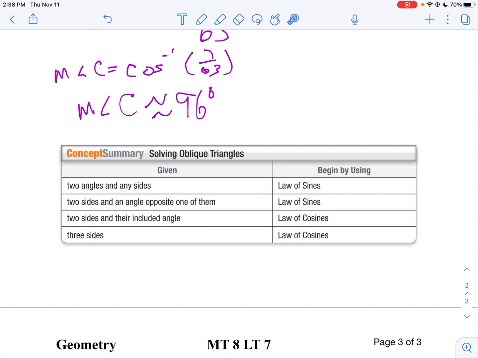And on this problem we just did, if you're given three sides, side, side, side, you have to use the law of cosines. So if you're given side, angle, side, or side, side, side, use the law of cosines. Anything else, use the law of sines.